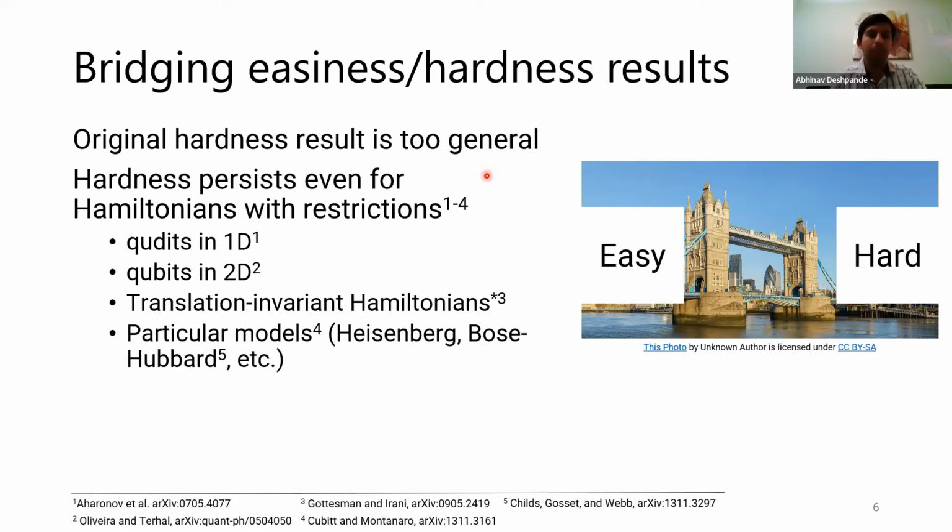And you can even restrict the Hamiltonian to consist of terms chosen from a particular set, which gives you all these named models in physics, such as the Heisenberg model or the Bose-Hubbard model, and so on. And in all of these cases, we know so far analogous hardness results hold.